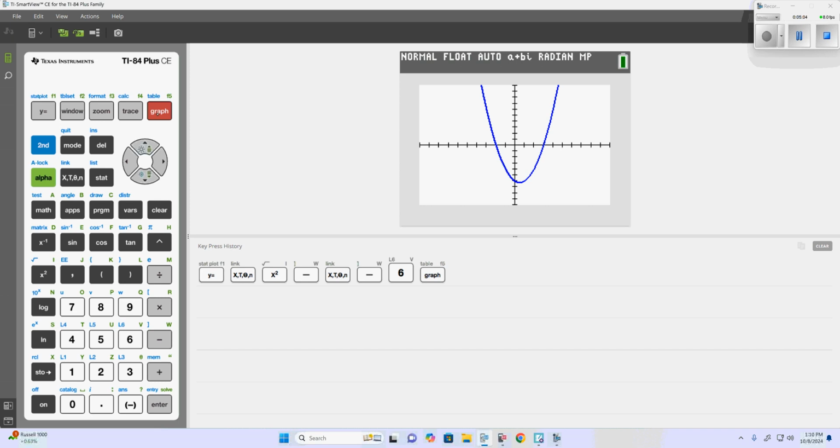Graph. Was everybody able to get to this here?